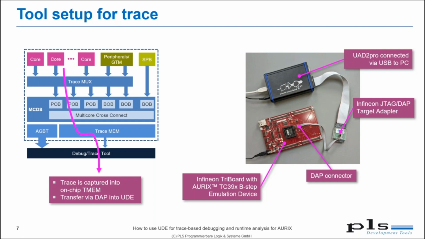The examples that I'd like to show you do not require a very large amount of trace data to be recorded for the debug task and for the analyzing tasks, and therefore the on-chip trace memory that we have on the Aurix is completely sufficient, and I can go without any use of the HEPT, and also the UDE does not need any external trace memory.